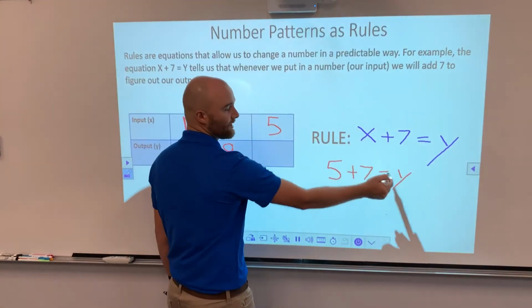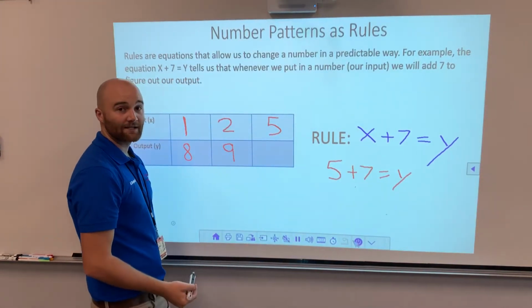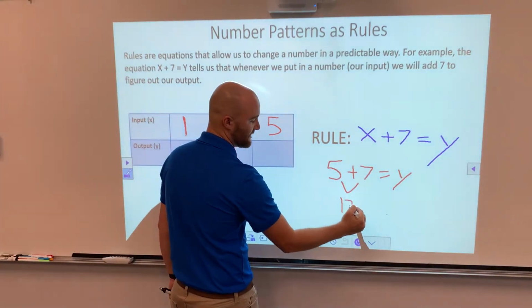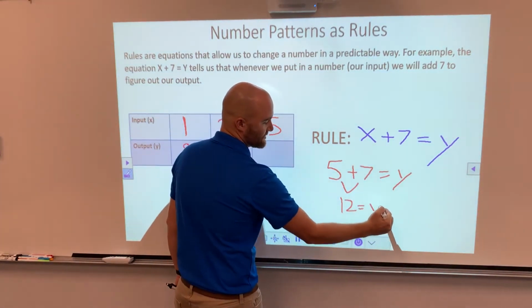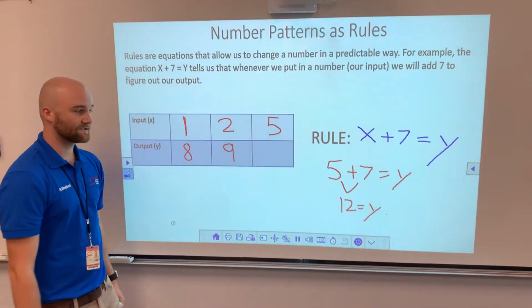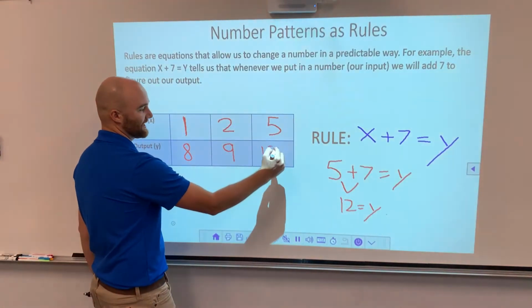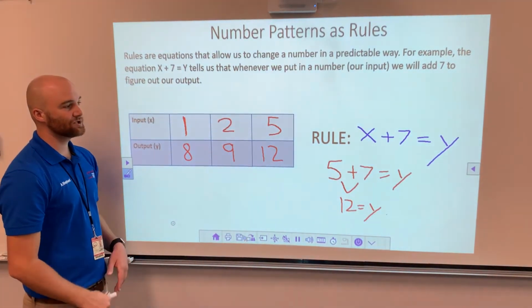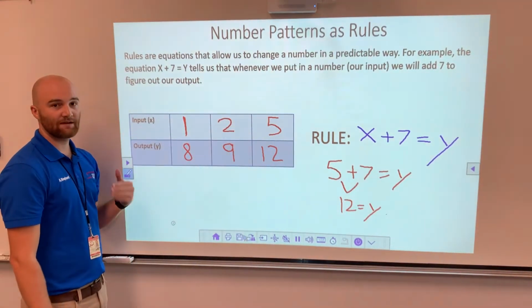Then I write the whole rest of the rule. Now I can solve it because 5 plus 7 gives us 12. So if we pretend that 5 is our x, then we have to pretend that 12 is our y. That's how we can change a rule into a table.